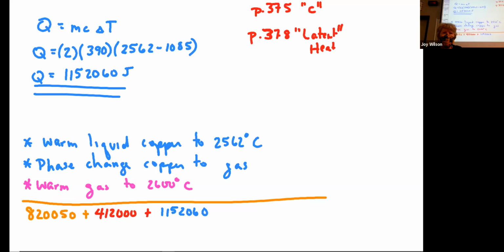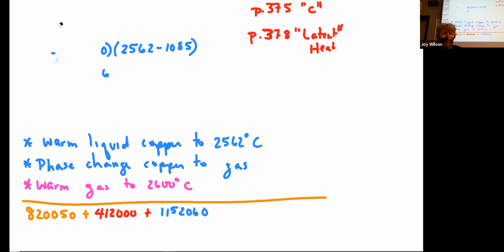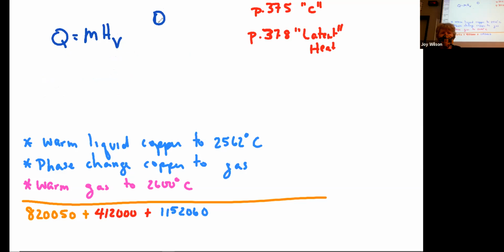Okay, now we got to phase change it. So we go back to our Q, and this time we're going to use mass times latent heat of vaporization, which you will also see as QV, HL. All of those are sort of symbols for the same thing. Mass is 2.